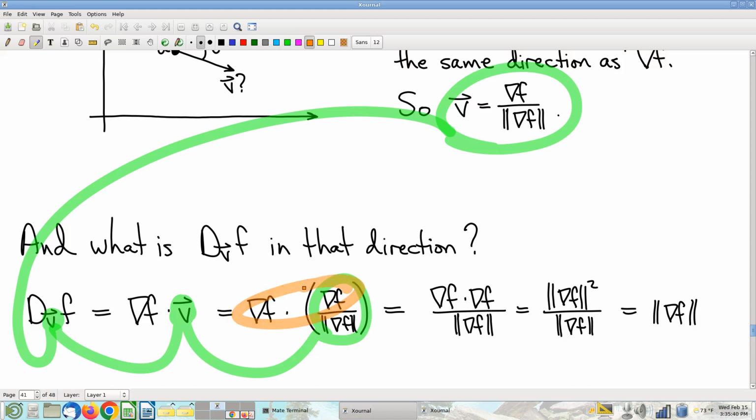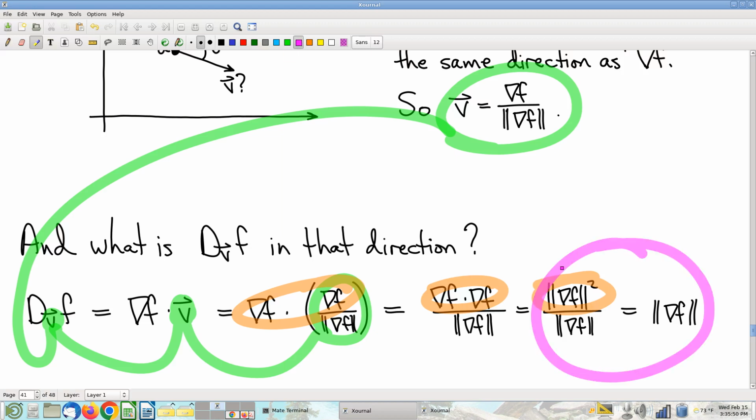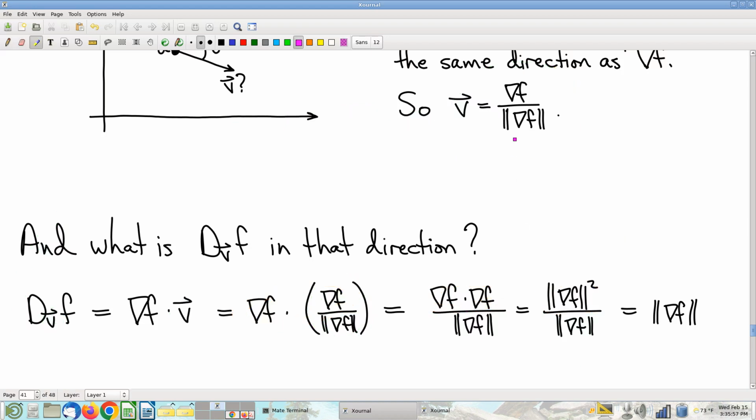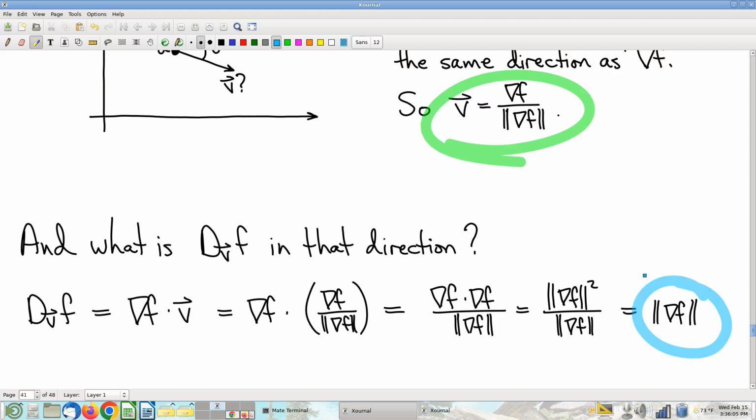Notice that gradient dot gradient is magnitude squared, and of course, magnitude squared divided by magnitude is magnitude. And so we have a nice crisp answer to this second question as well. What's the direction of fastest increase? The direction of the gradient. How fast is the function changing in that direction? The magnitude of the gradient.